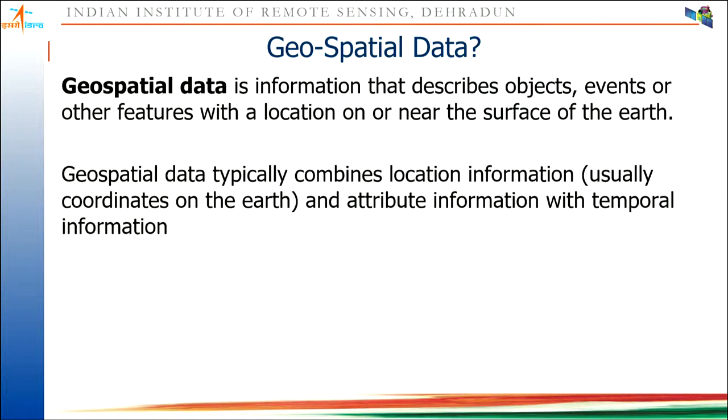Location information can be lat long or earth-centric coordinates, and attribute information is non-spatial information. Suppose you are going to an ATM, so the name of the bank of that ATM will be attribute information, and temporal information will be the occurrence of that information, like what is the frequency of that information.